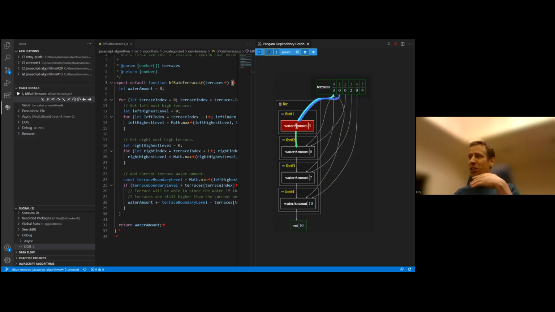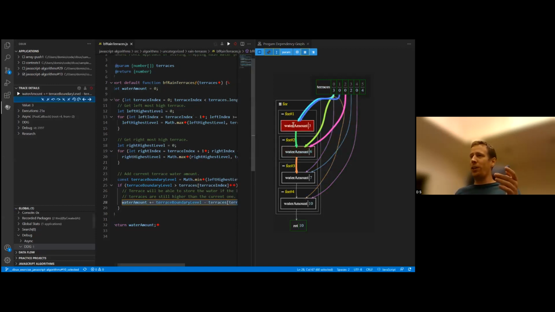So in iteration number 1, we will take index number 1 and compute its contribution. And because of the wall on the left-hand side that is height 3, it will be 3. All right, and then we will go down to the next iteration. And as you can see, if I click into it, we will see why it happens, because here is the water amounts being summed up. And there's 3 inputs. That is its previous amount.